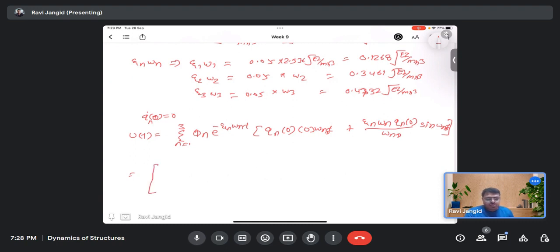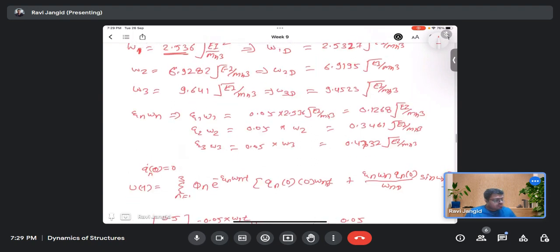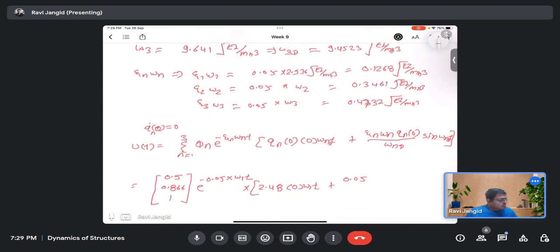So phi 1 is what? Phi 1 we have, let me check, 0.5, 0.8661, e raised to power minus 0.05 omega 1 t, times q1 which we calculated, 2.48 cos omega 1 t, plus xi n 0.05 into omega n into q0, which is 2.48, and omega n times square root of 1 minus 0.05 square.